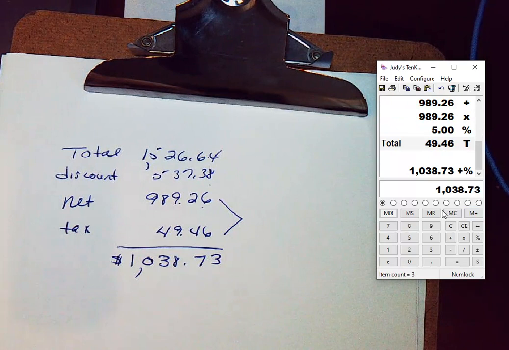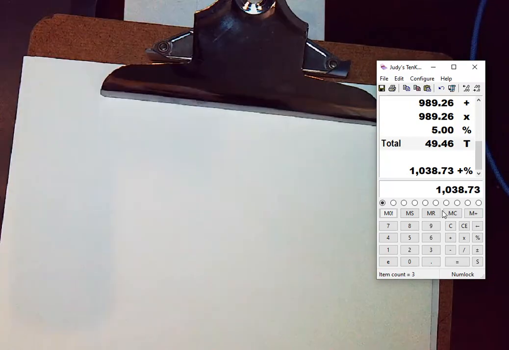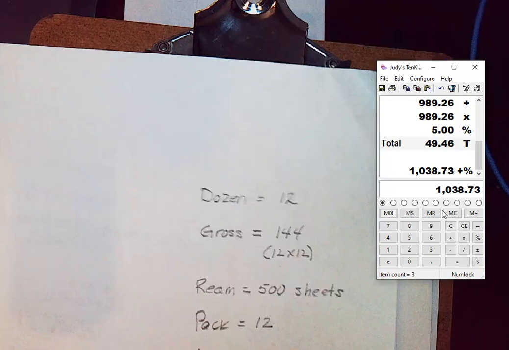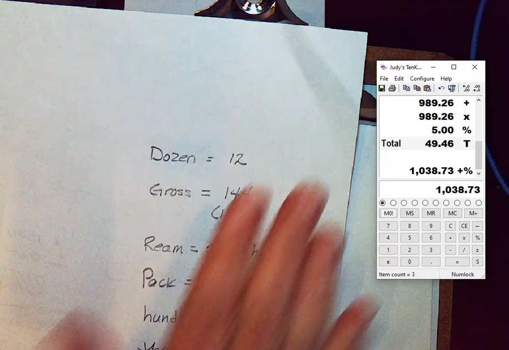So you're going to be doing that same thing on page 121 because 121 has a series of discounts. Okay, also on 121 we are learning to work with items other than just one.